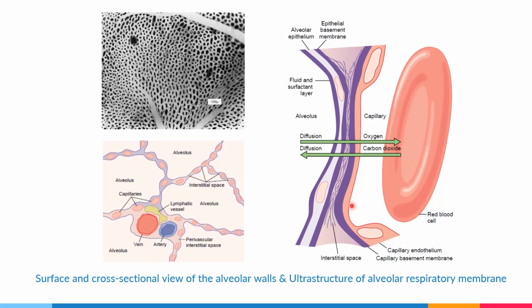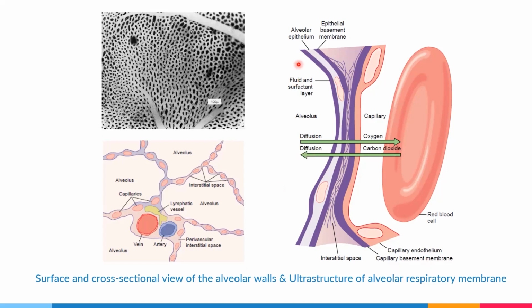Here we have an ultrastructure of the alveolar respiratory membrane, and we can see a blown up of how the diffusion occurs from the RBCs to the alveolus. You can see right here that there are a number of membranes present between the alveolus on the left and the blood capillary on the right, which include the alveolar epithelium, the epithelial basement membrane, the capillary basement membrane, and the capillary endothelium, via which the diffusion has to occur.